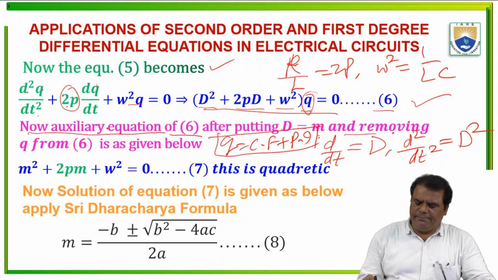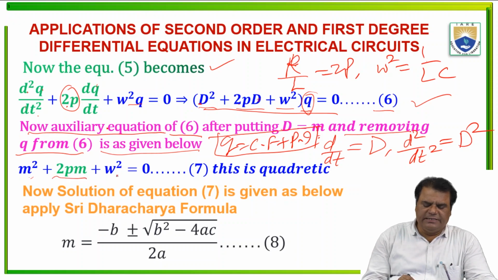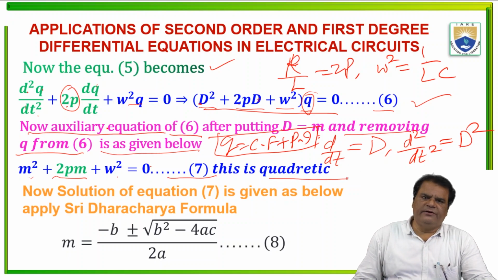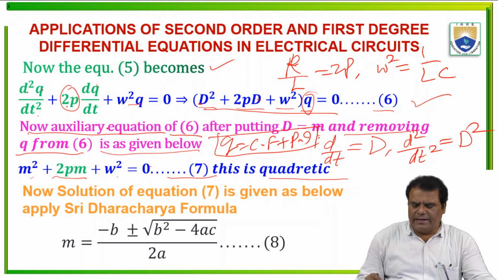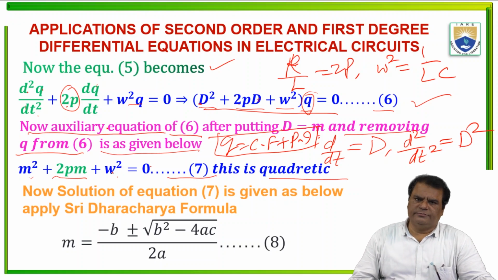Putting D equal to M and removing Q from 6: M square, D is M, plus 2pM plus w square equal to 0. This is equation 7. This is known as a quadratic equation in M, and this equation has two roots.